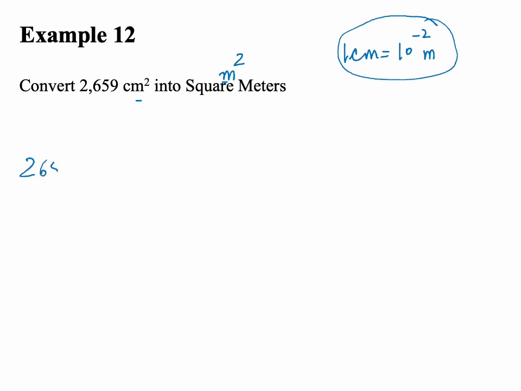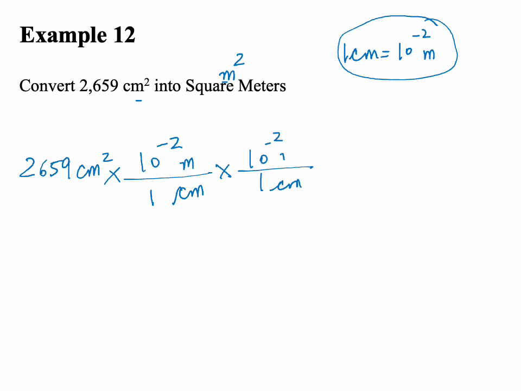So what do we do? I start with my starting number, square centimeters. I will multiply it with the factor, centimeter goes in the bottom: 1 centimeter, 10 raised to power minus 2 meters. Now you have a choice. Either because this is squared, you square the whole thing and you calculate the number, or you just repeat this step 2 times because this is squared. So 1 centimeter, 10 raised to power minus 2 meters.